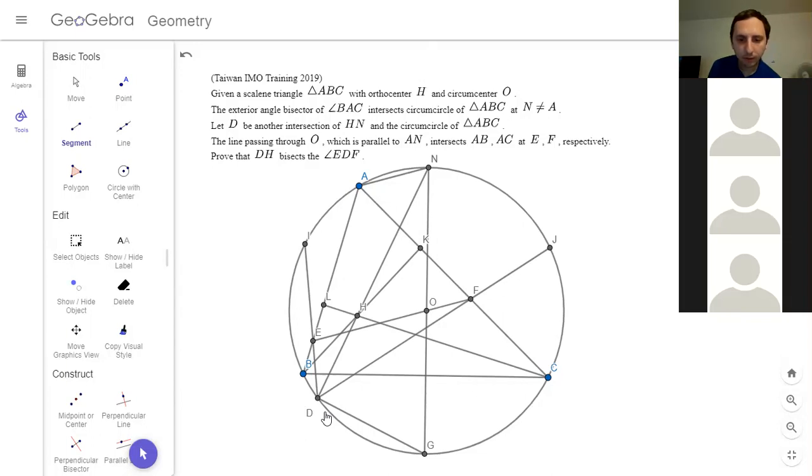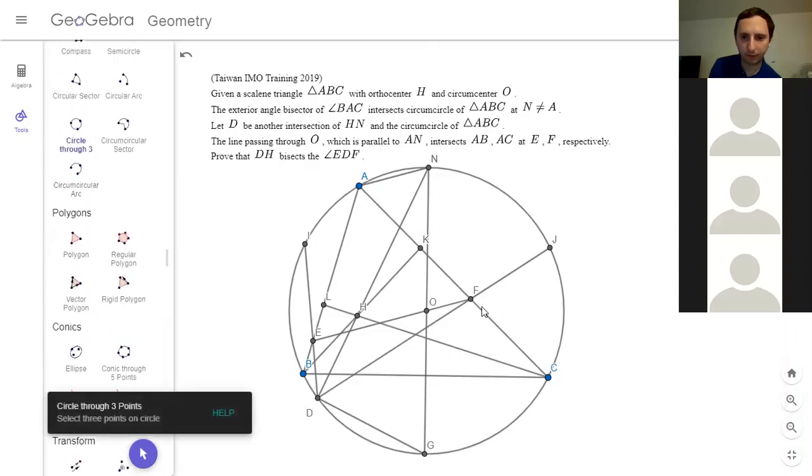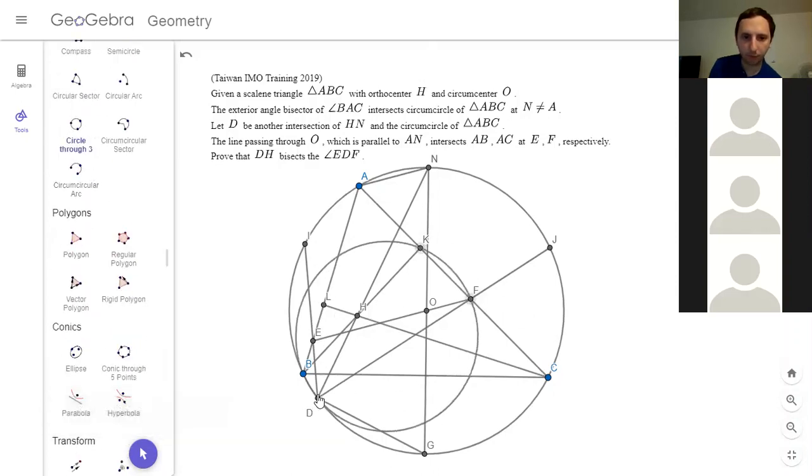Let's see. We don't know yet that it's cyclic, but let me draw the circle just to see.